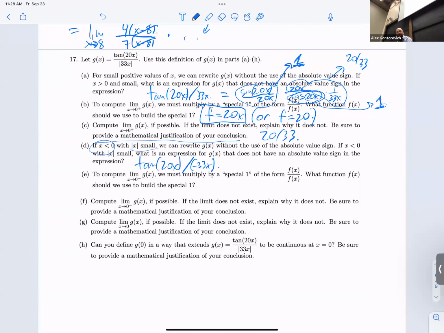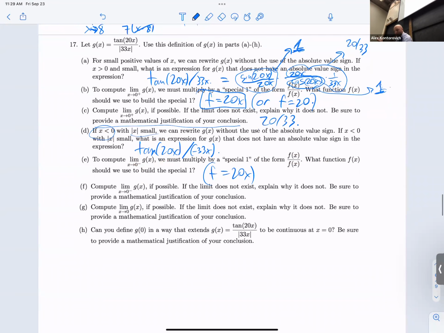It's the same function. It's still the same 20x on top and bottom, regardless of whether it's positive or negative.